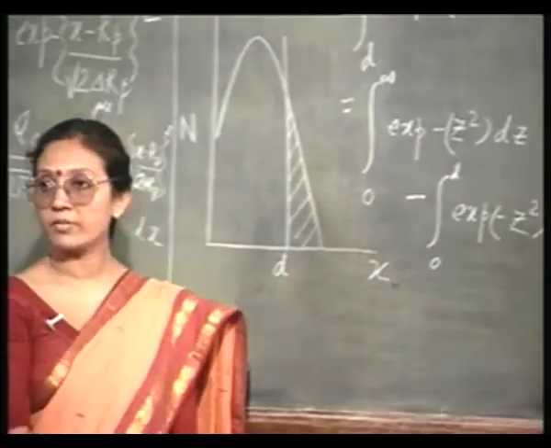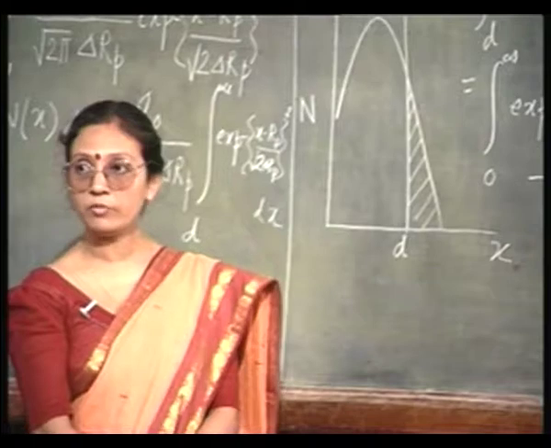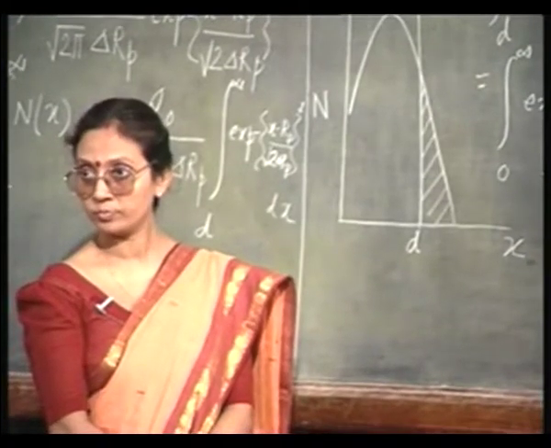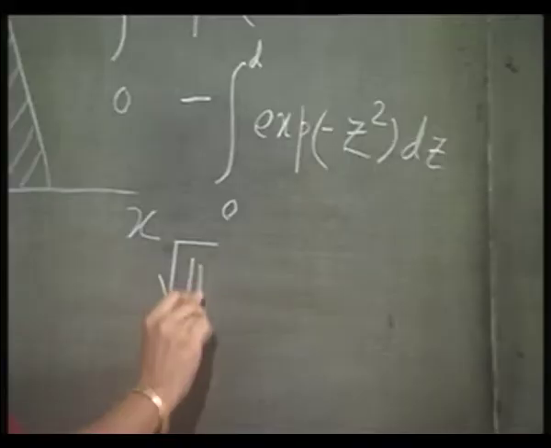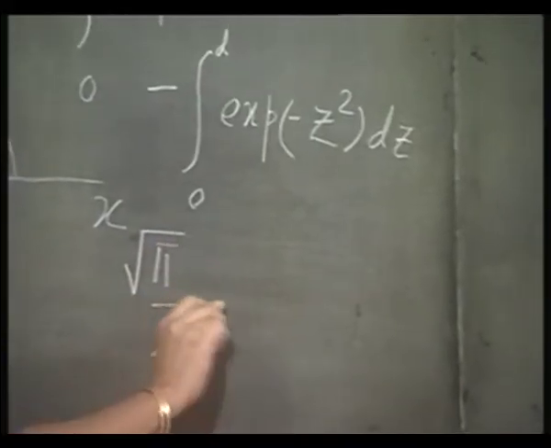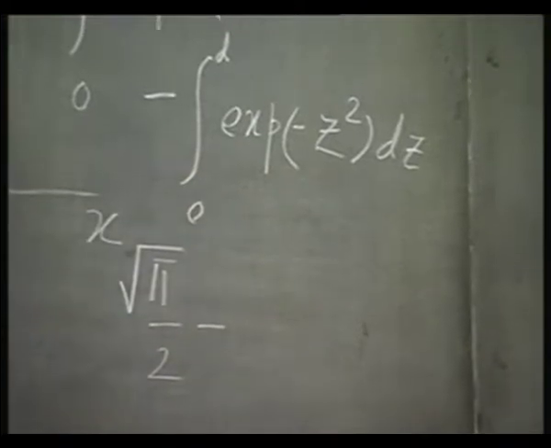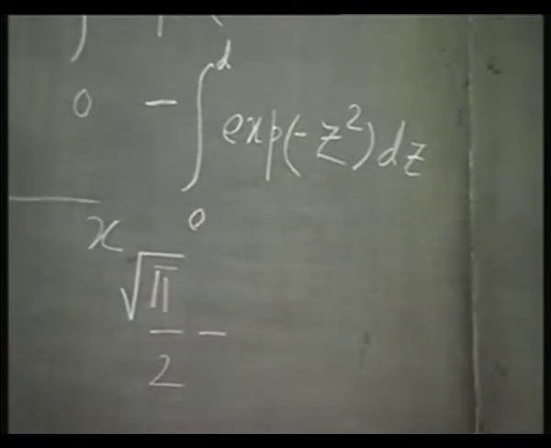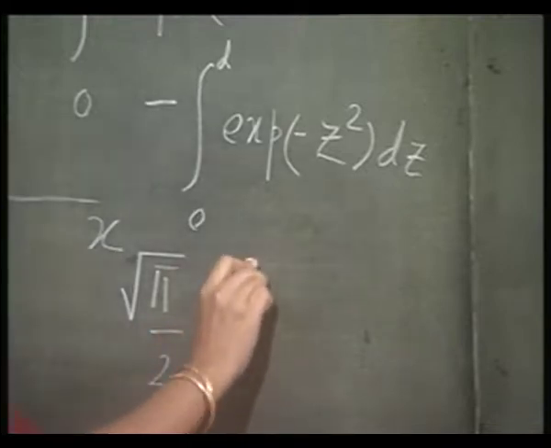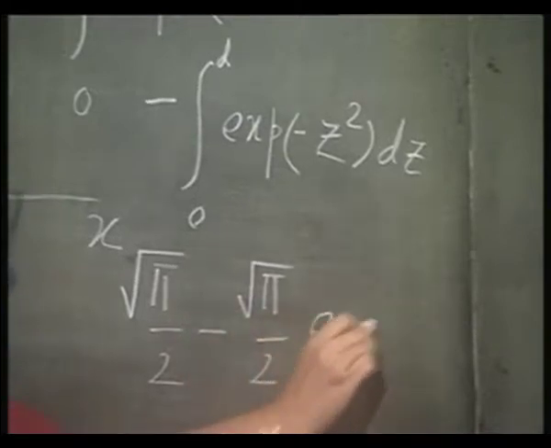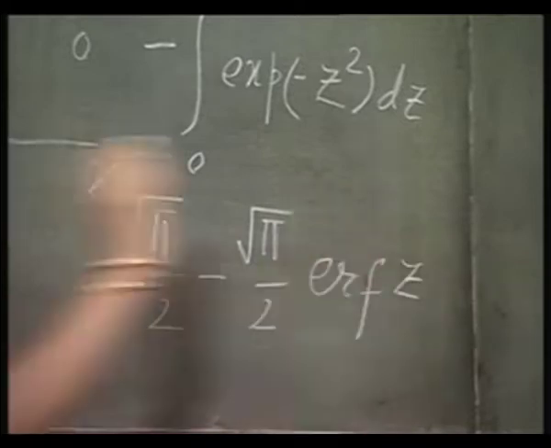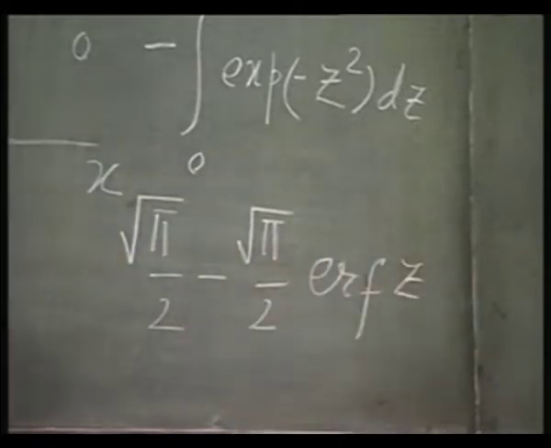This is a definite integral with a value of root pi by 2. So, this can be written as, and what is this? Integral 0 to d exponential minus z square dz. Isn't it?